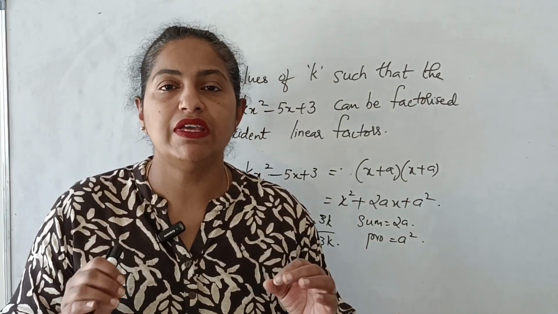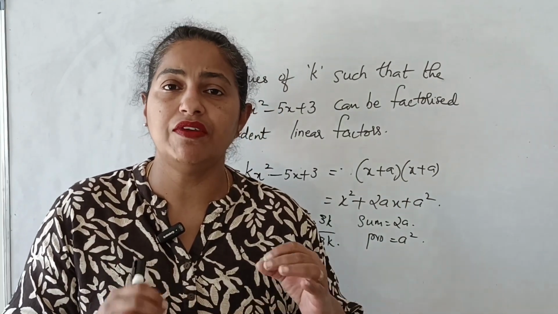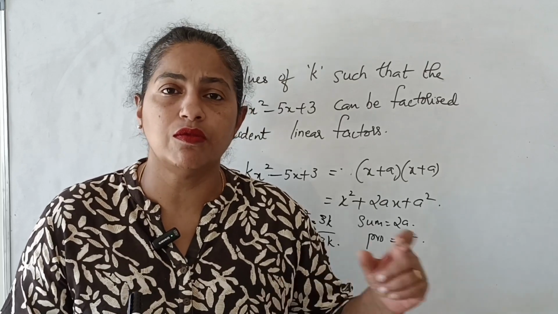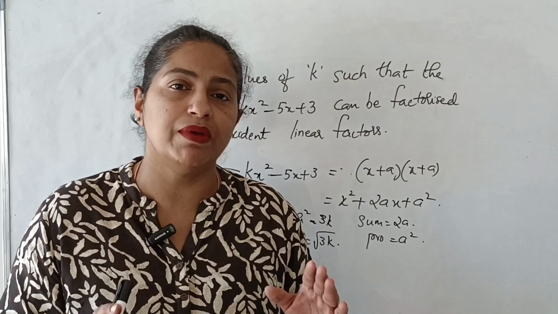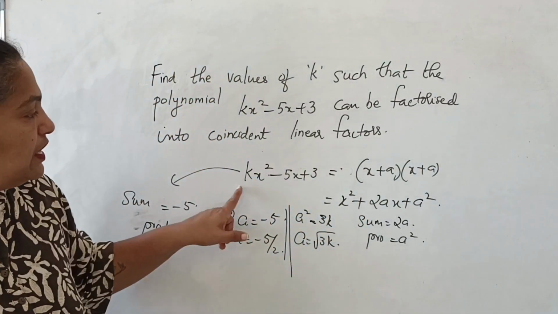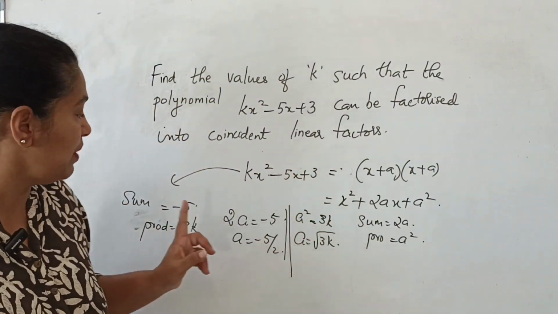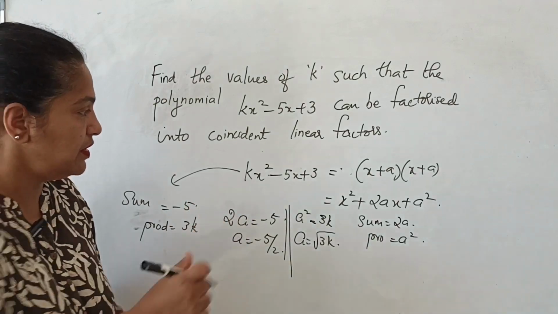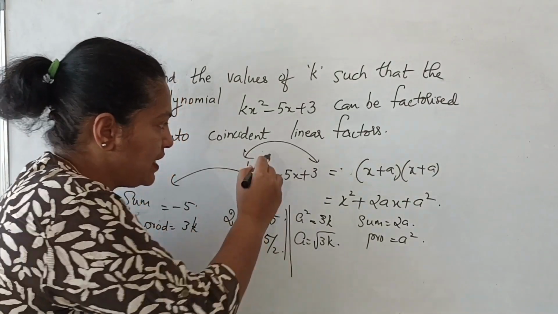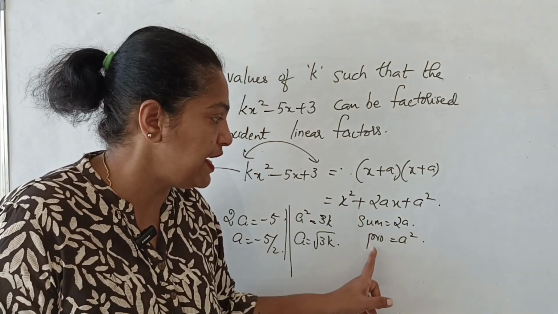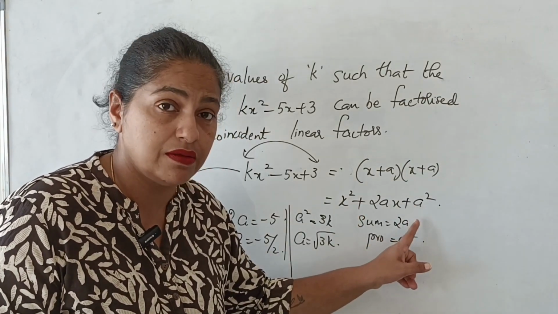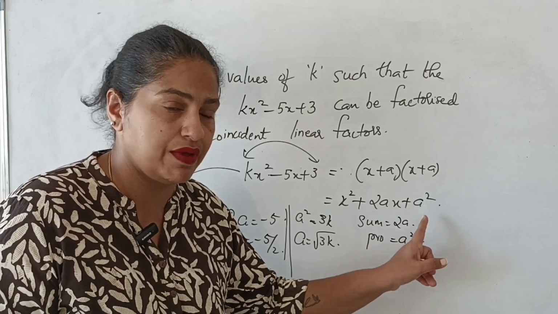Whenever we are trying to factorize a polynomial, we use the sum product method. So the sum of the terms and product of the terms, and then we try to find out the numbers in order to do basic factorization. So in this case, what is the sum? It is minus 5. What is the product? It is the product of these two terms, c and a. So you get 3k. What about this one? The sum is 2a and the product is a square. So a square into 1, which is a square.